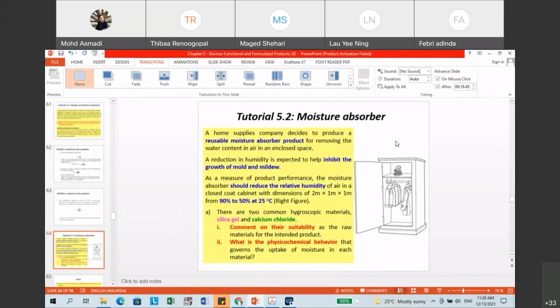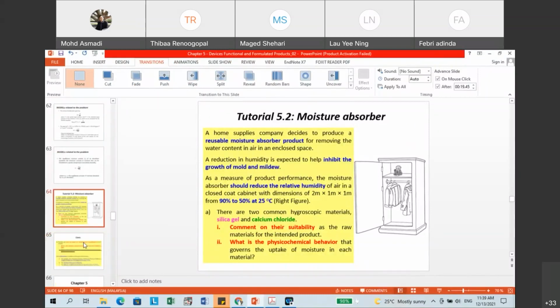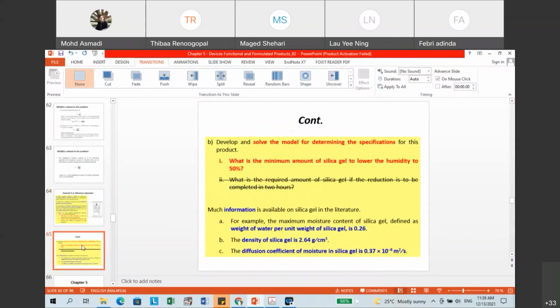And then next, let's see. Develop and solve the model for determining the specification for these products. What is the minimum amount of silica gel to lower the humidity to 50%?